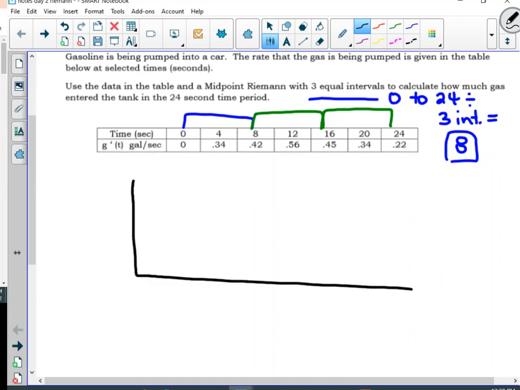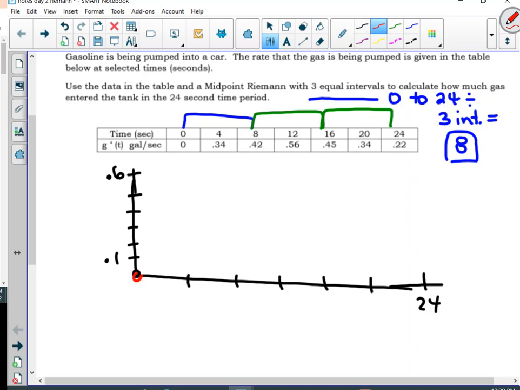All right, little graphy graph, 8, 12, 16, 20, 24. Let's do 2, 3, 4, 5. This is 0.6, and this is 0.1.